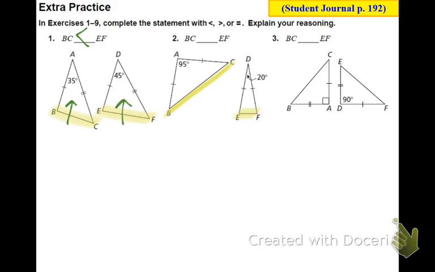BC is across from 95, EF is across from 20. So BC will be greater than. It also looks greater than. Last one, Noah's going to help me out. Why is it equal to? Because they're both 90 degrees. But this one has a box. What does the box mean? 90 degrees. Good. So because they're both across from 90 degrees, they are equal.